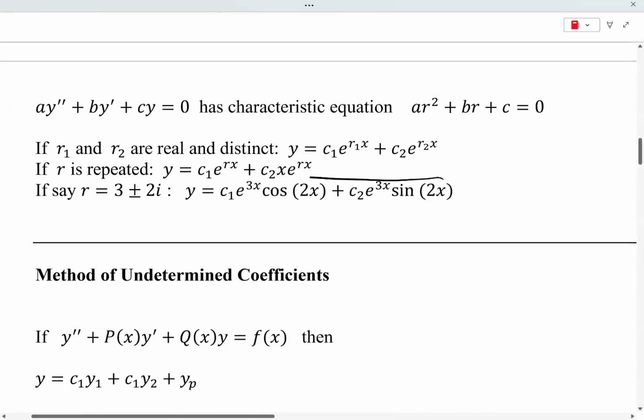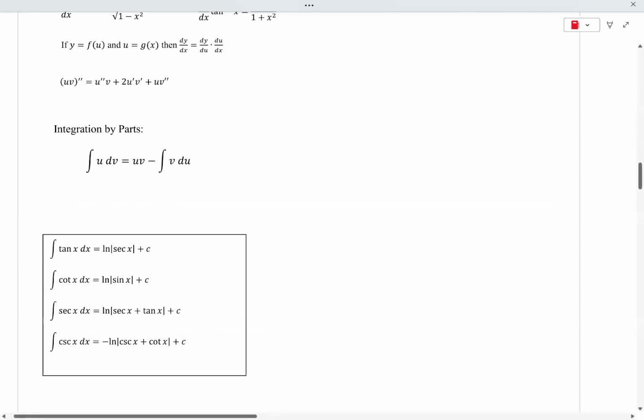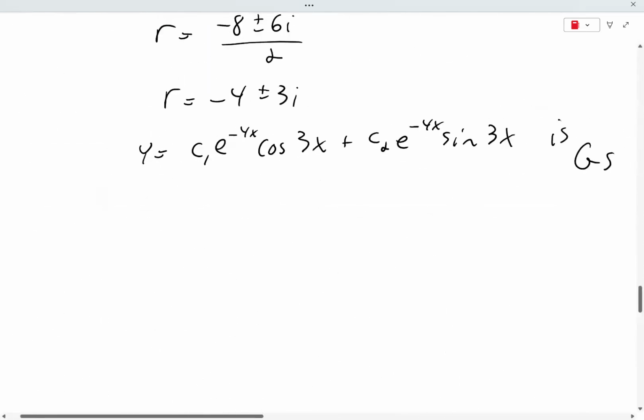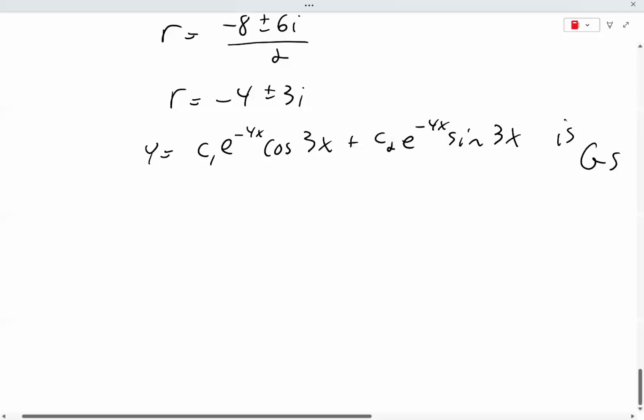I gave you an example there for that one. So that's for the constant coefficient homogeneous equations. So that should be pretty quick. You just do the characteristic equation and write it down the right way. So any questions on that? Okay, if nothing there, I'll move on to the next thing.